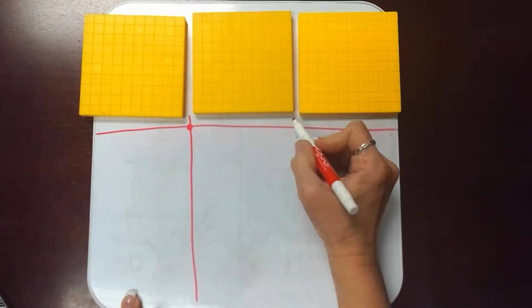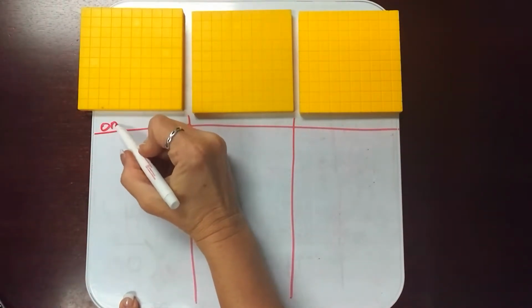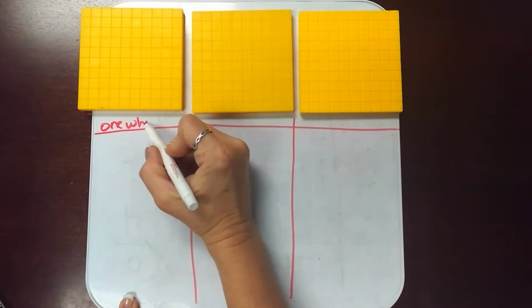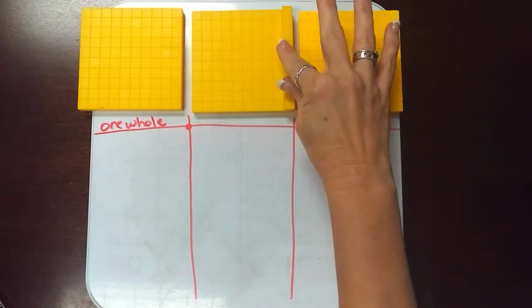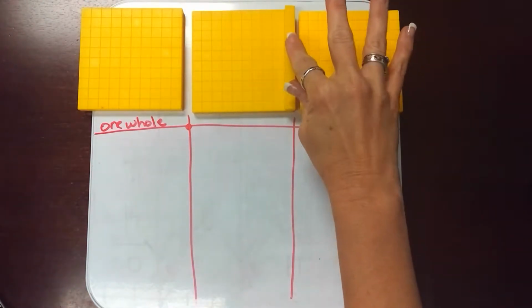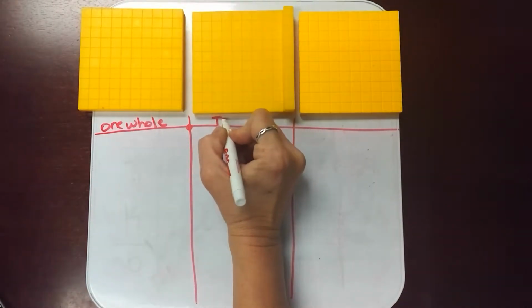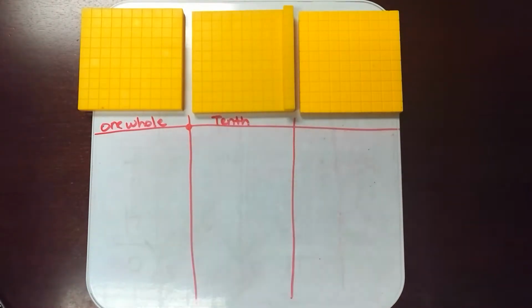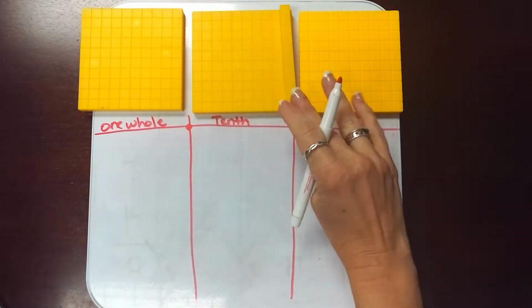And you could talk about how this is a whole. One whole. Okay? And then this rod represents a tenth of the whole. And to help kids understand what a tenth means, you talk to them about how many of these does it take to make one whole.